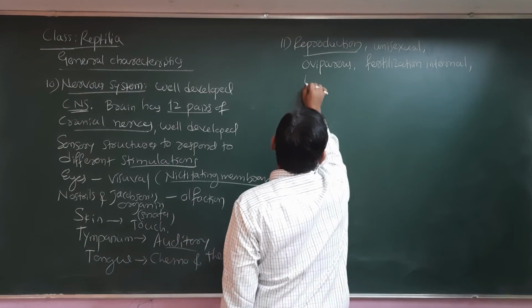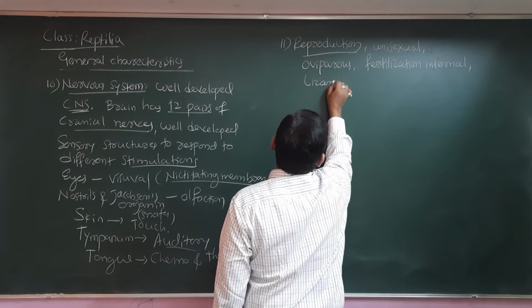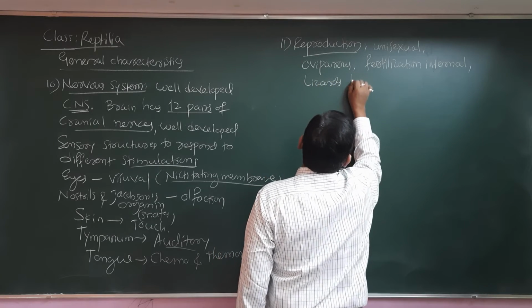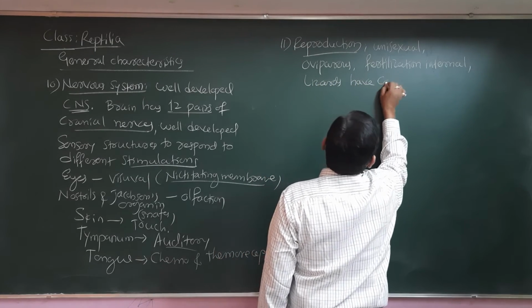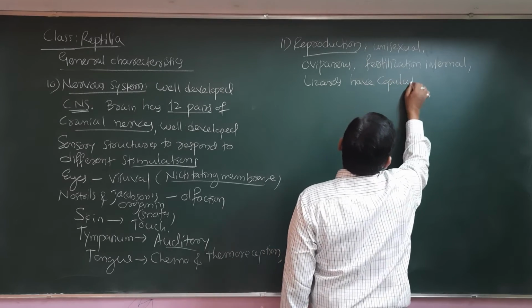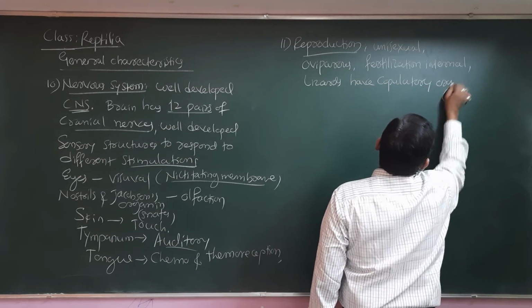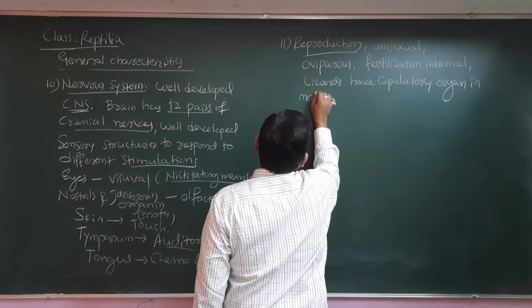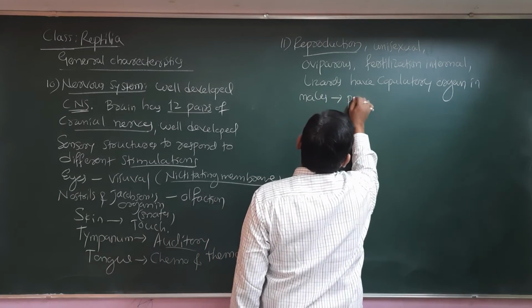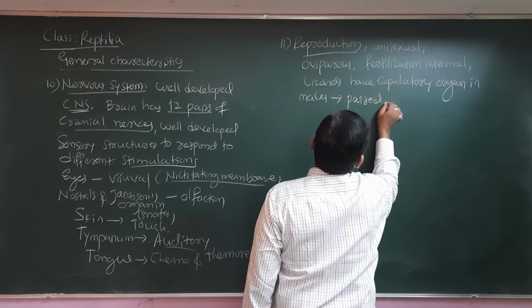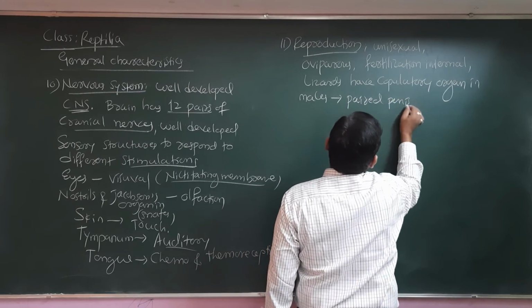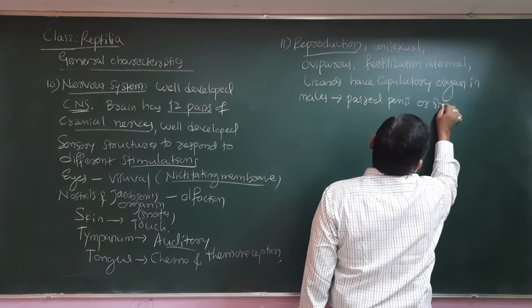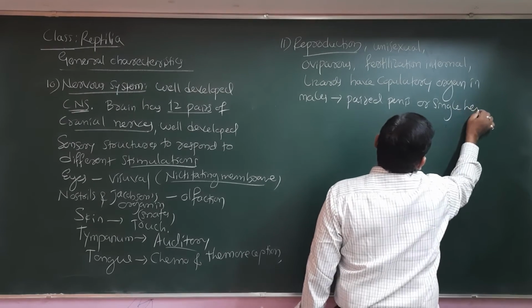Lizards have a copulatory organ in males, sometimes a paired penis or a single hemipenis.